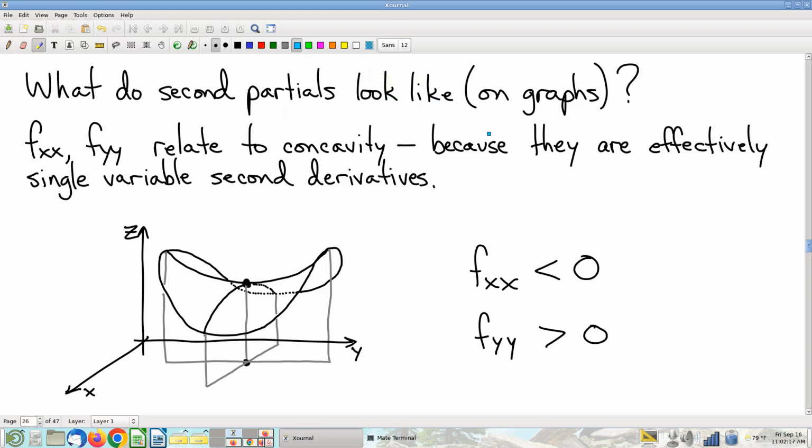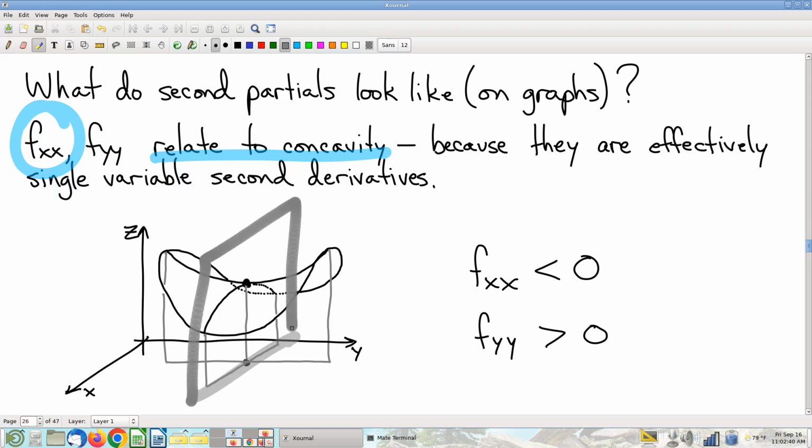First some good news, the unmixed second partials, like f_xx. It relates to concavity. It's just exactly what you would think it is. You can think it through. I mean, how do you compute f_xx? Well, the first thing you do to compute f_xx is you say, okay, I'm going to treat y as a constant, and then for the whole rest of the discussion, thinking about f_xx, y remains a constant throughout that whole conversation. Because you're taking an x partial, and then after that, you're taking another x partial.